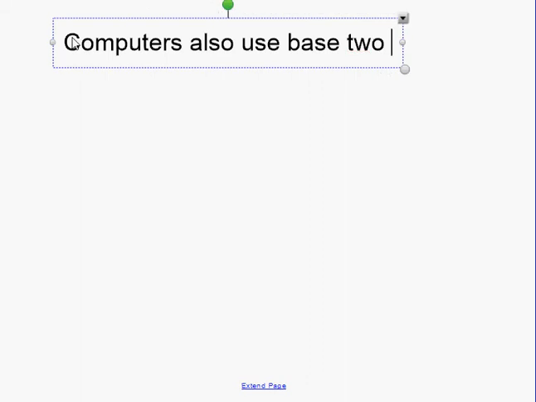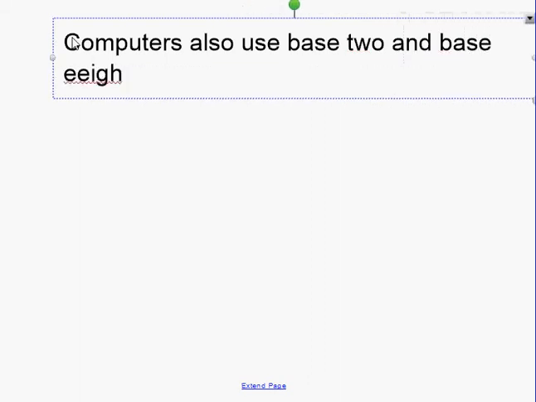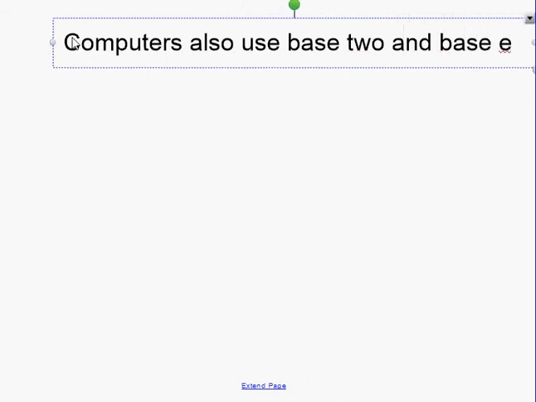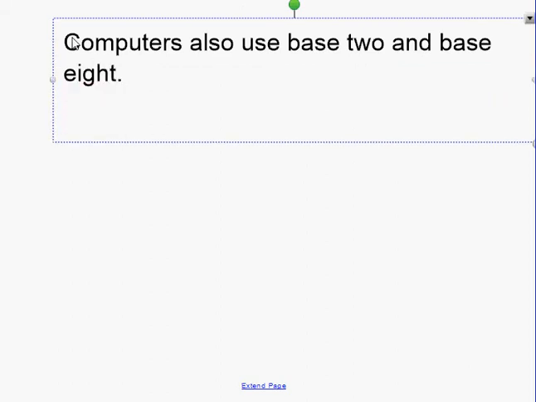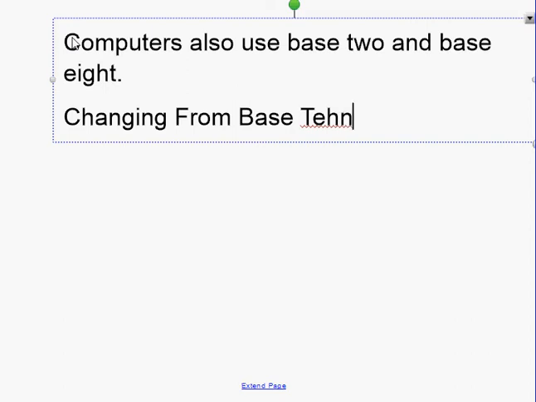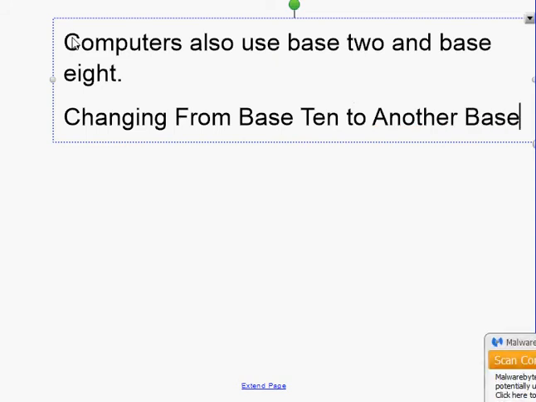Find the place values less than the original base 10 numeral. Express the number as a group. So, for example, 7 would be equal to 2, 1, base 3.